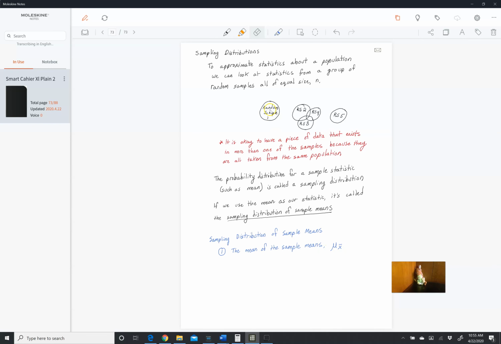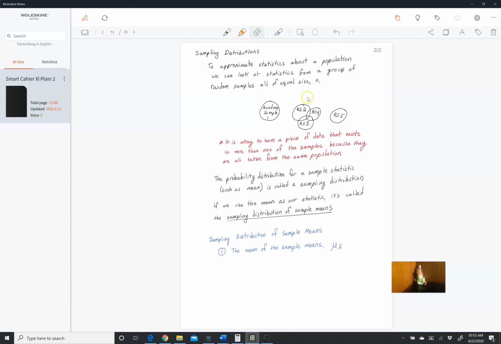In other words, if I wanted to know the average number of hours that you spend studying for your statistics exam, I'm going to take, let's say, 10 of you and ask, how much time do you spend studying for your statistics exam? Here's the first 10. I'm going to take the mean of that number of hours.